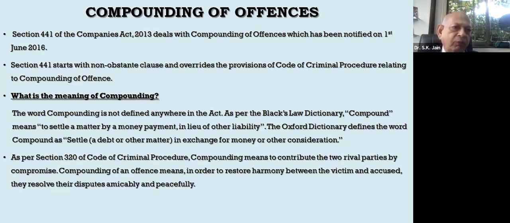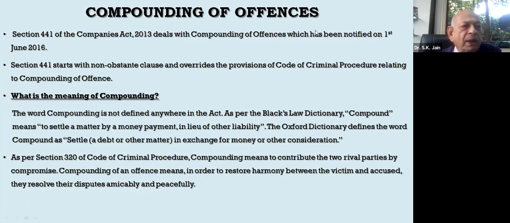Now, section 441 starts with a non-obstante clause and overrides the provisions of the Code of Criminal Procedure relating to compounding of offences. So, 441 overrides CrPC provisions relating to compounding.